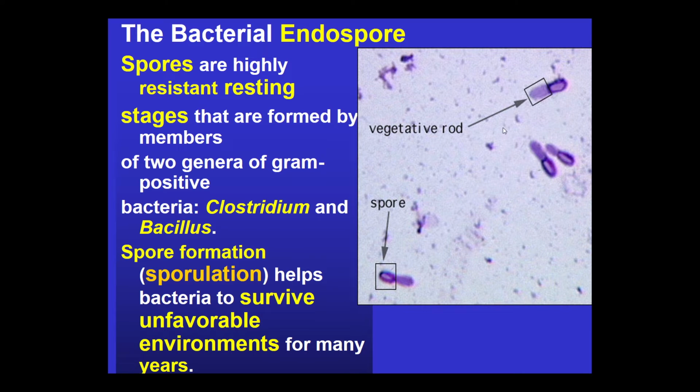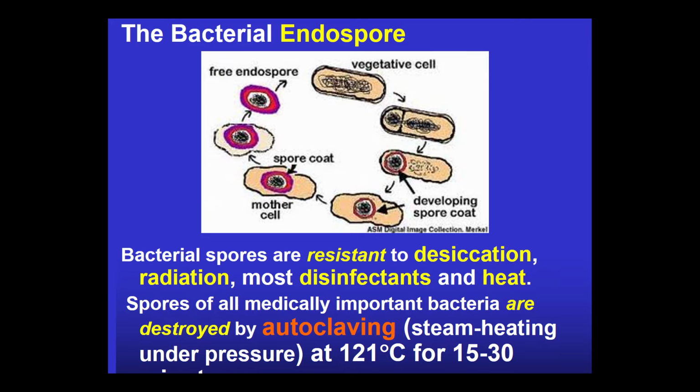Here you can see gram-positive rods with spores. And these are spores. So we have just two genera that may produce spores. These are Clostridium and Bacillus. And the spores are produced in non-favorable conditions.